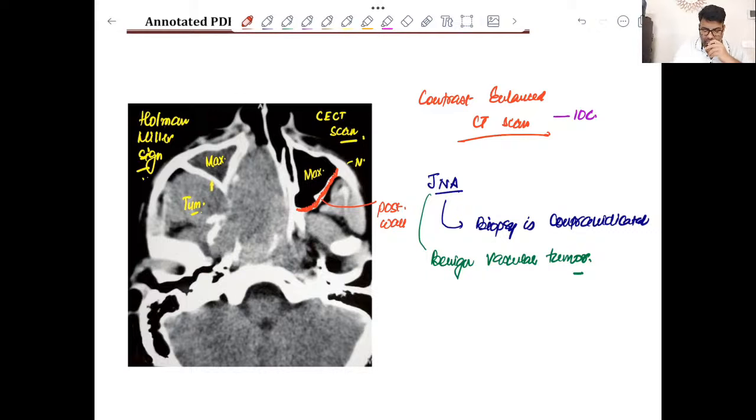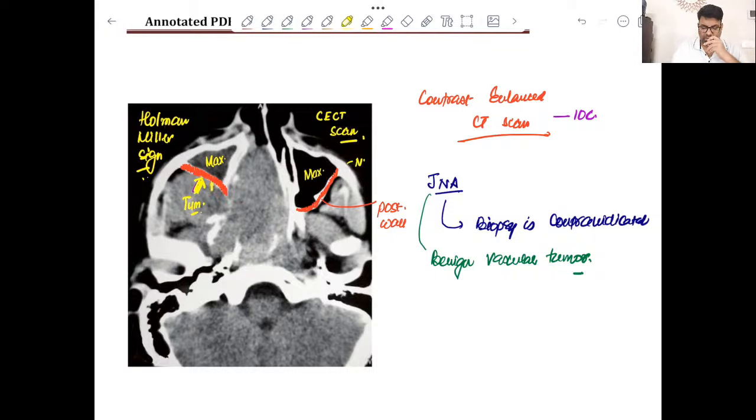Now look at the posterior wall of the maxillary sinus on the affected side. Here we can see that the posterior wall seems to have been pushed forward by the tumor. Clear? And therefore it creates a concavity towards the tumor side.